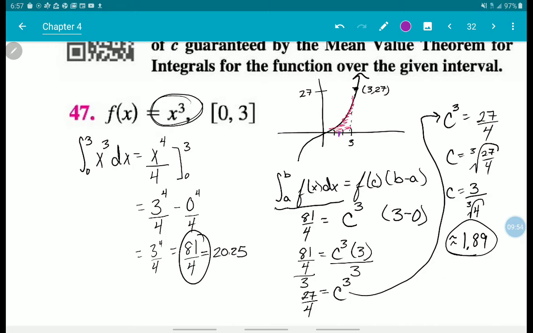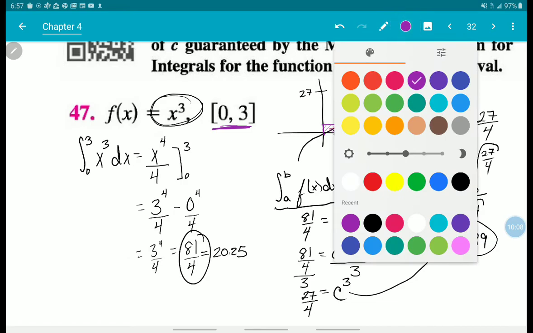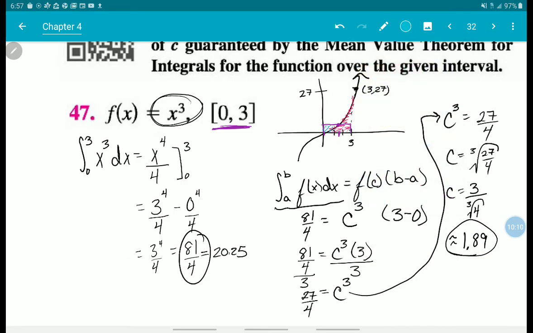So if we were to go up to the graph here and make this rectangle that goes from 0 to 3, same x values as what we had here. Let me change my color here. That area for that rectangle is going to have the exact same area as this thing under the curve, that red piece in there that we started with.